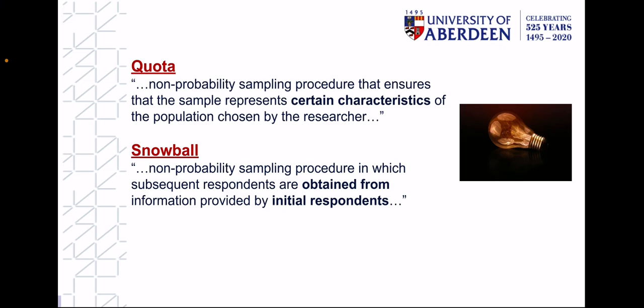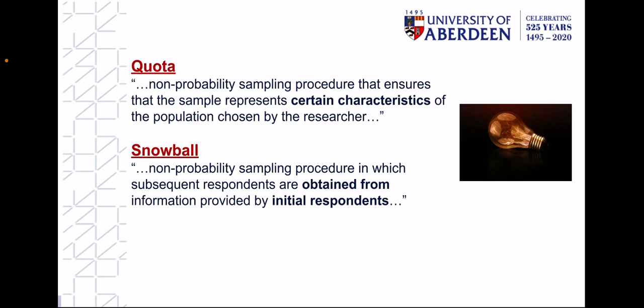So what happens here in snowballing is that as a researcher, you try and make contact with at least one or two people within that population. After you've spoken to those two contacts, you ask them to refer you to two new contacts.